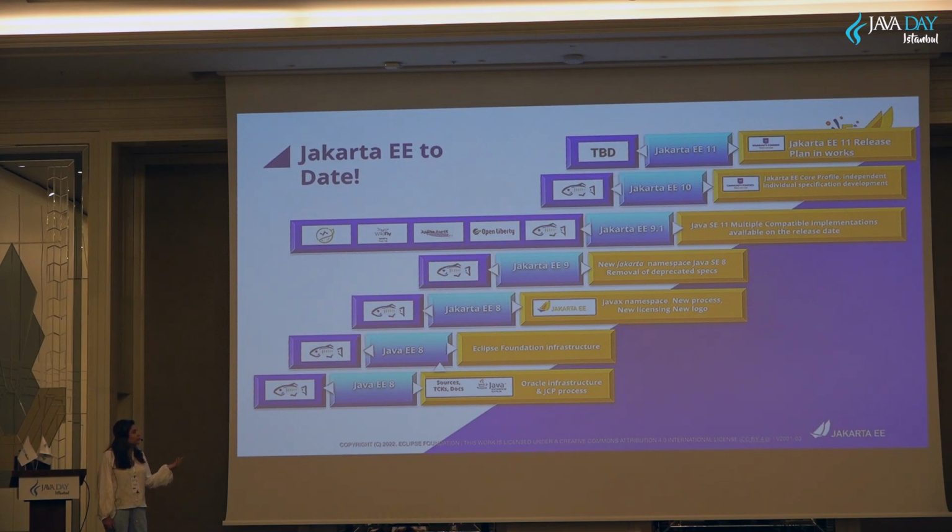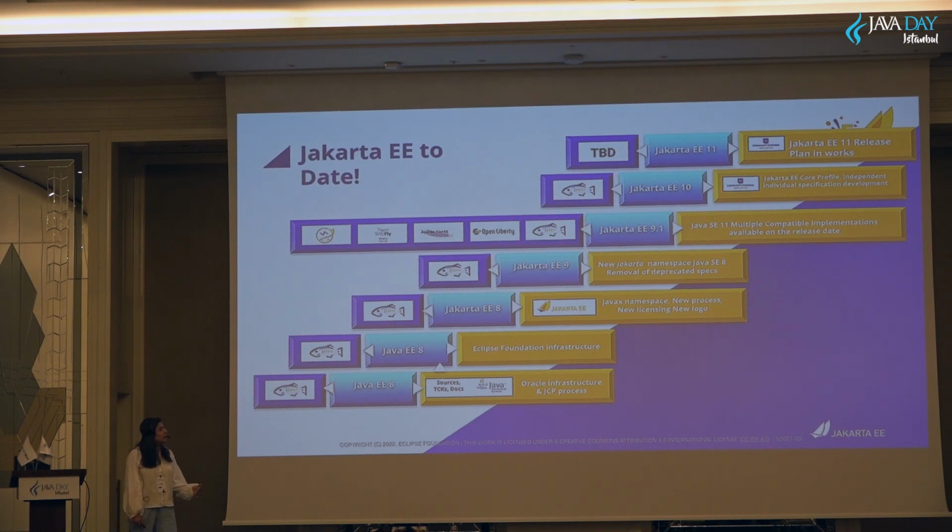And Jakarta EE 10 is where we actually got to use that new process, and the community really rallied around creating new innovations within cloud-native Java and enterprise Java for enterprise Java developers.